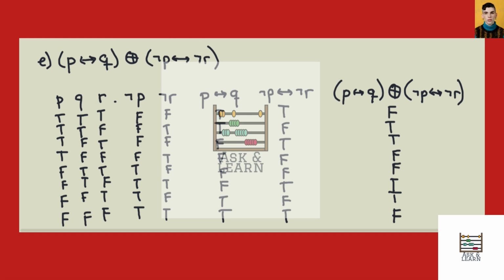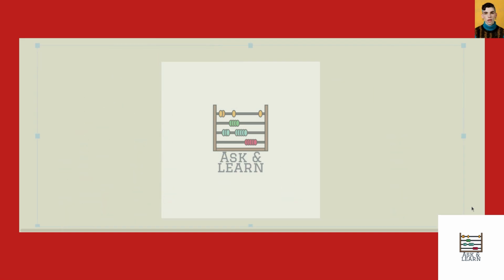Now let's get rid of all this in order to solve for F. So now we know that F is given as P exclusive or Q, conditional statement, P exclusive or negation of Q. Again, let's start off with the individual propositions.